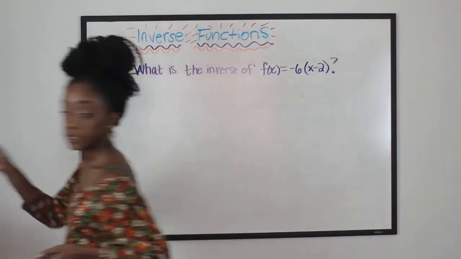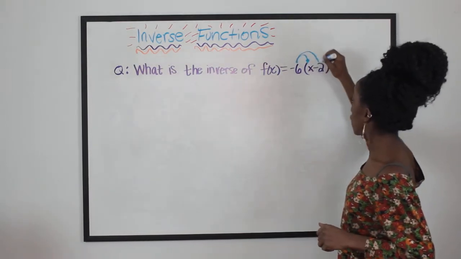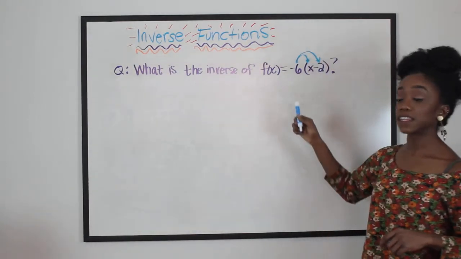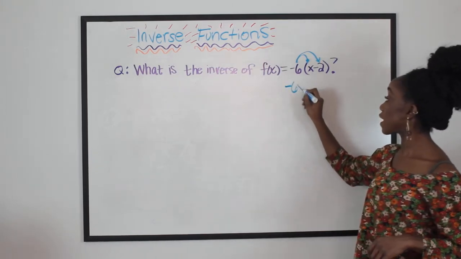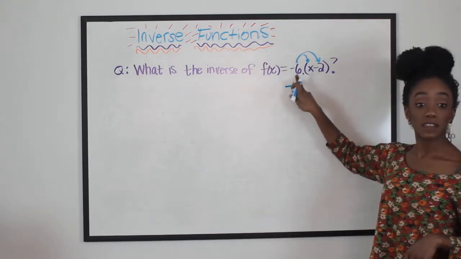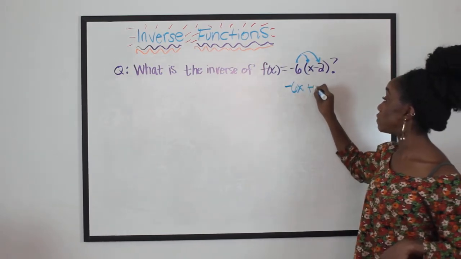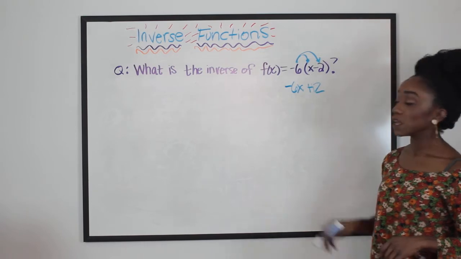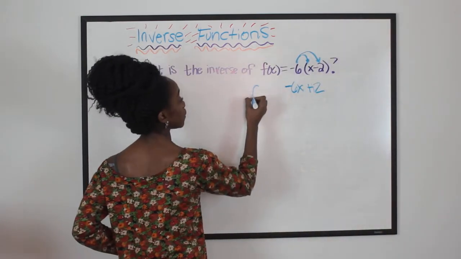So I'm just going to distribute. -6 times x gives us -6x, and then -6 times -2 gives us a positive 12. Since we have a positive 12 and -6x, now this is the f of x that we're going to be dealing with.